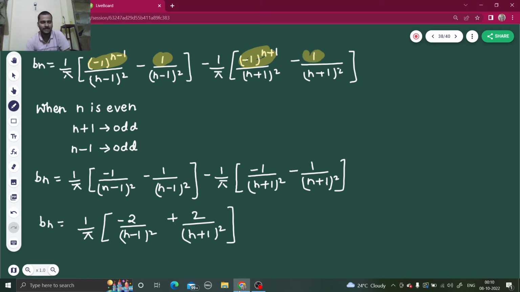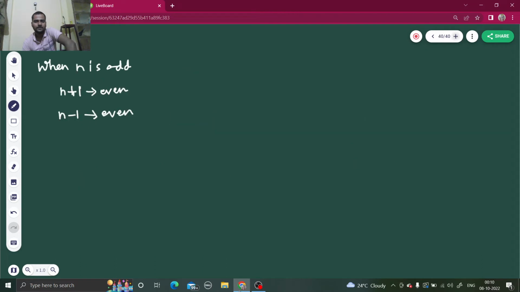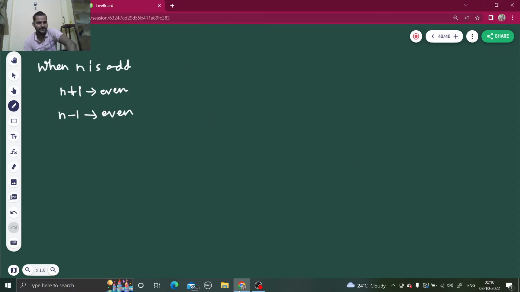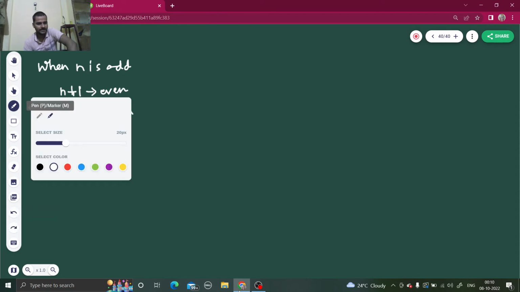So this term will be 0 in that case, because 0 minus 0 gives 0. So bn in that case is obviously becoming 0. So we don't need to think much in that case.